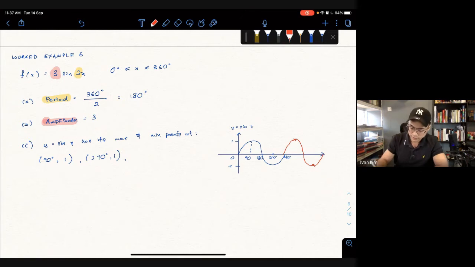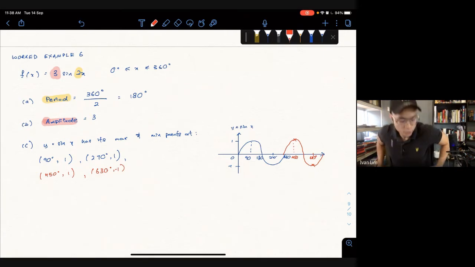So 90 plus 360 gives you 450 degrees, 1. And 270 degrees plus 360 gives you 630 degrees, -1. This is based on the original graph first, which is y equals sine x.